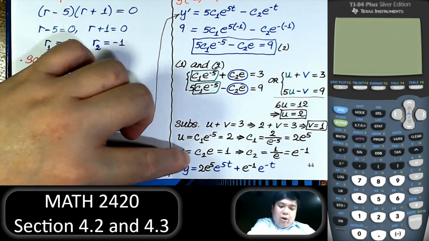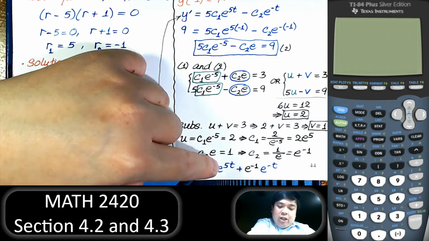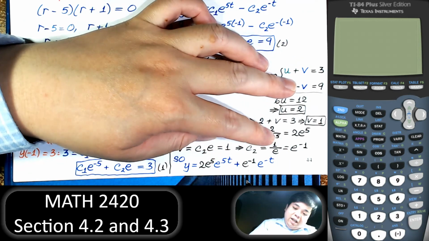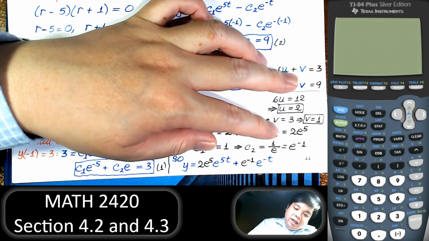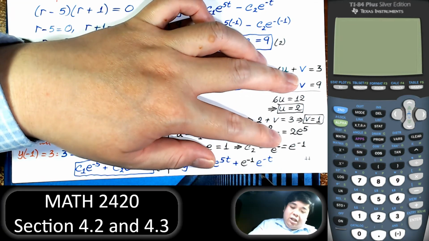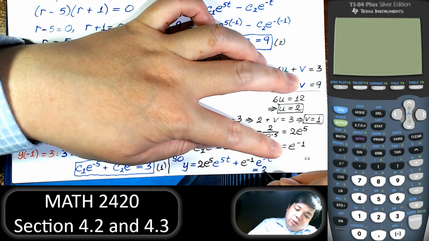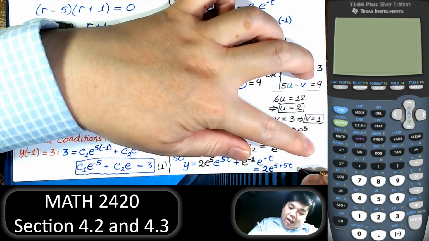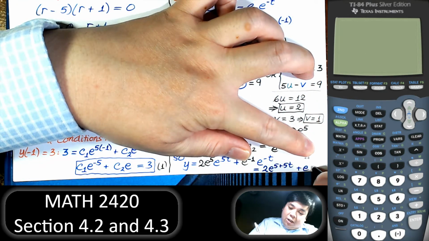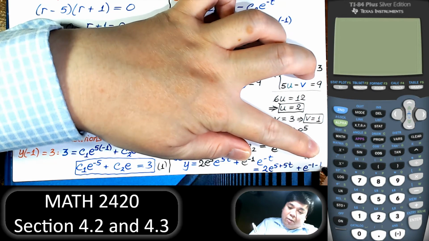Of course, we can combine this: 2e to the 5 plus 5t, just combine the exponent, and then plus e to negative 1 minus t.